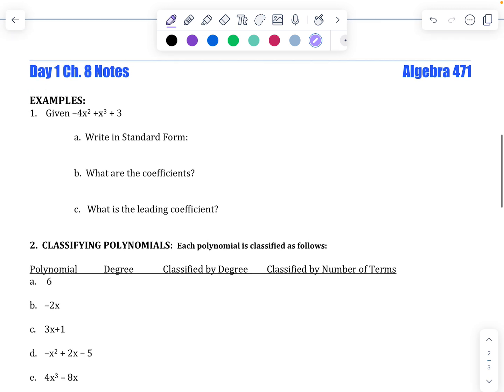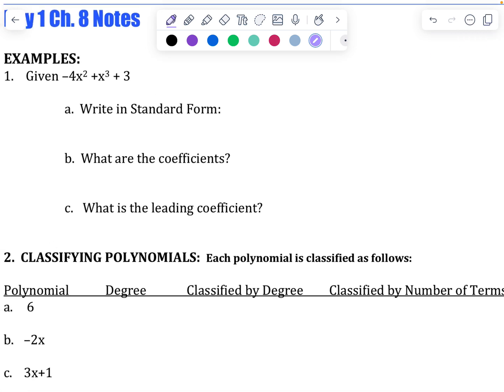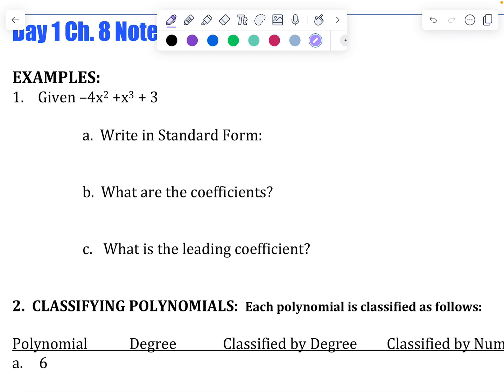Now, when we actually get into what each of these means and how I can identify them, if I want to write this in standard form, I have to look at the highest exponent. Whatever has my highest exponent comes first. So if I look at my highest exponent, it's x to the third, and there's a plus sign, which just means this is a positive x to the third.